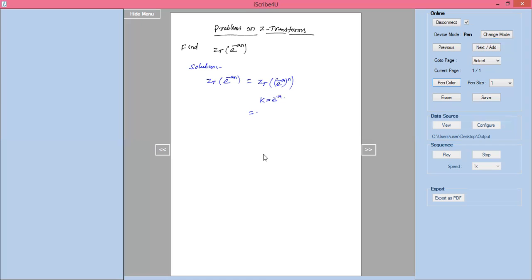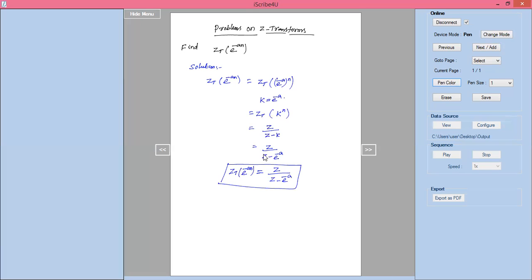So now this is the Z transform of k^n. The Z transform of k^n is nothing but z divided by z minus k. What is the value of k? k is e^(-a). Now, the Z transform of e^(-an) equals z divided by z minus e^(-a), which is the required solution for the given problem.